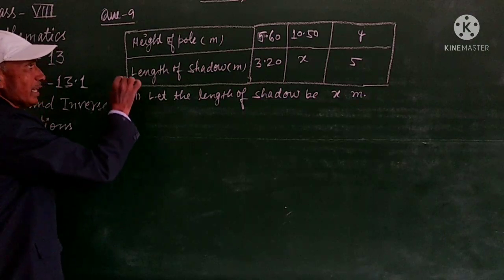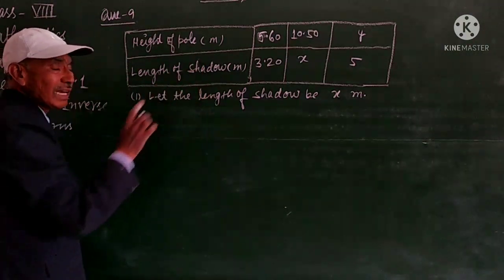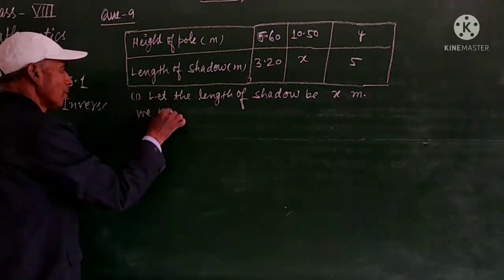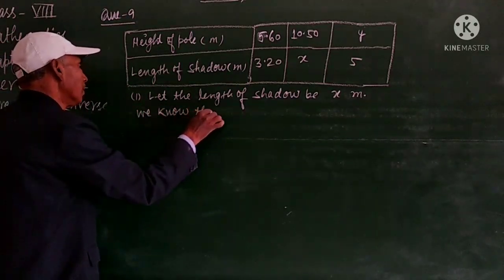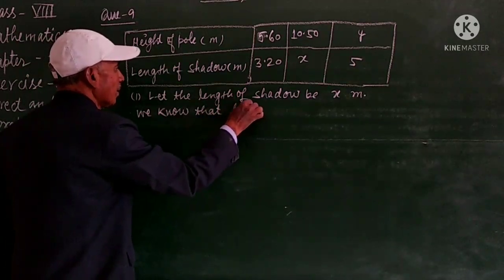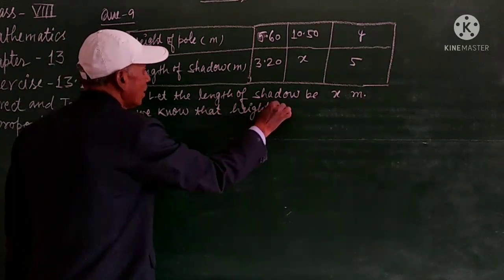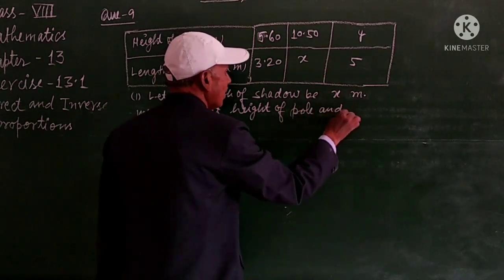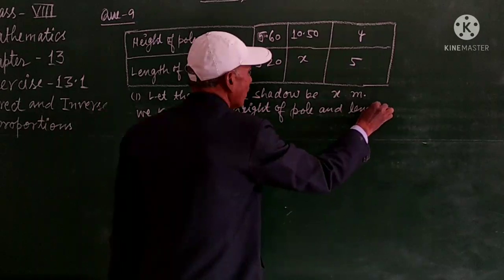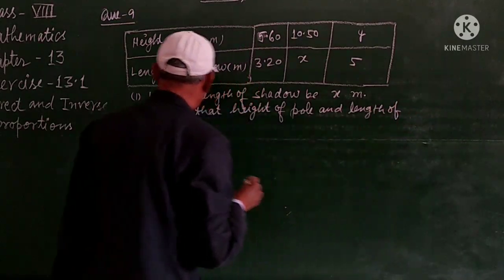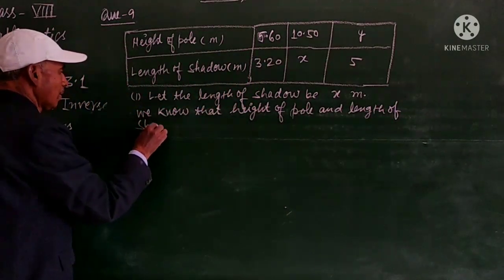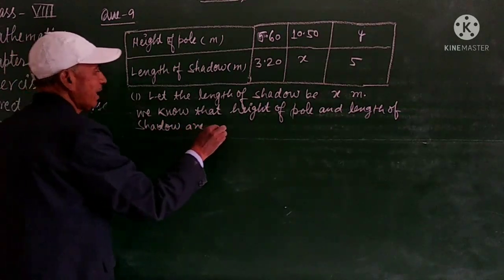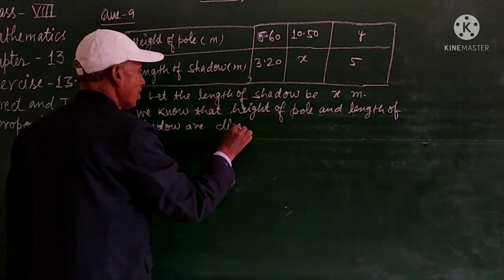Student, as we know that height of pole and length of shadow are directly proportional to each other.